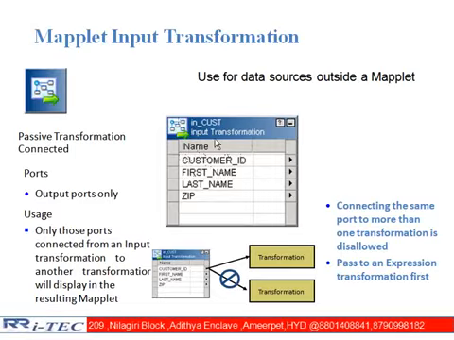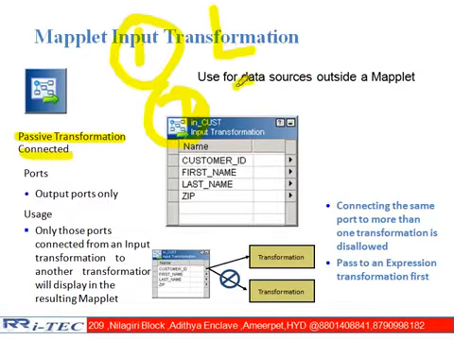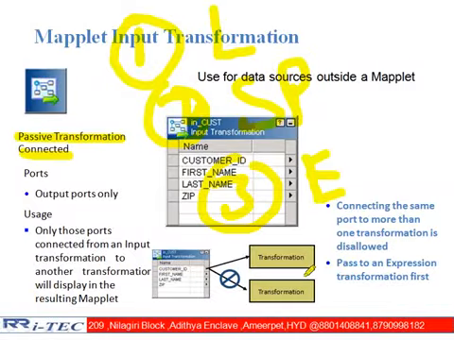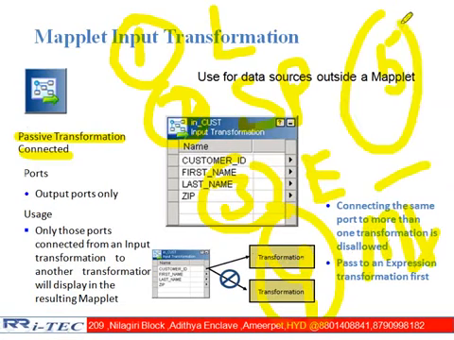You need to go for the Mapplet Input transformation. And what type of transformation is the Mapplet Input? It is passive and it is connected. These are the passive transformations: one is Lookup, second is Stored Procedure, third is Expression, fourth is Mapplet Input, fifth is Mapplet Output.